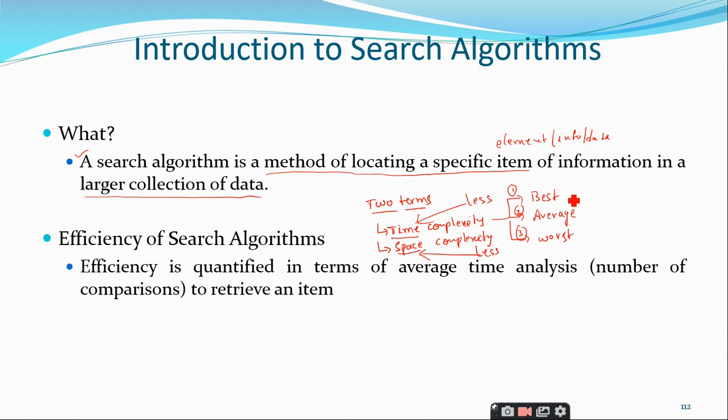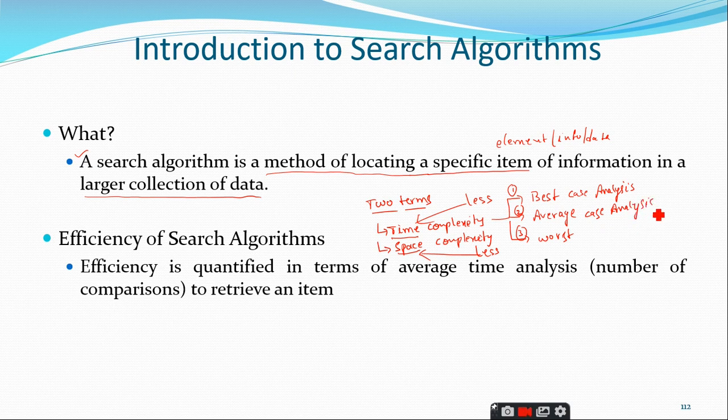Again, the same question: what are this best, average, and worst? The best case analysis means you are going to evaluate the algorithm when you are taking the best suitable conditions for execution.